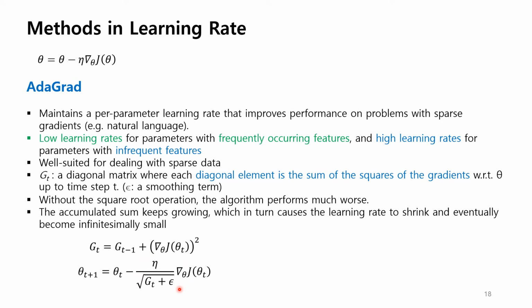On the other hand, if for a certain parameter the update is very sparse, very rare, then this value is very small, which means the G_t value is also small. So this value is small, which means this learning rate is pretty high. That means we give a high learning rate to those parameters which were less frequently updated. That's the basic idea of AdaGrad.